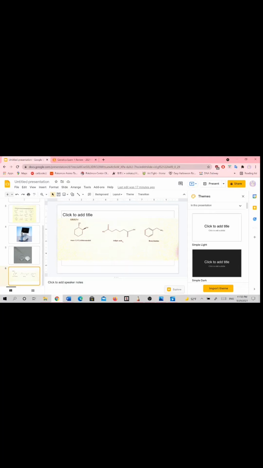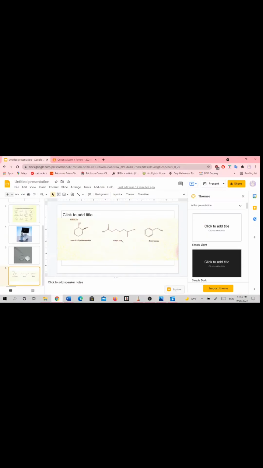Another telltale sign is those broad peaks with the nitrogen-hydrogen bond, and only one of these options has that N-H bond.